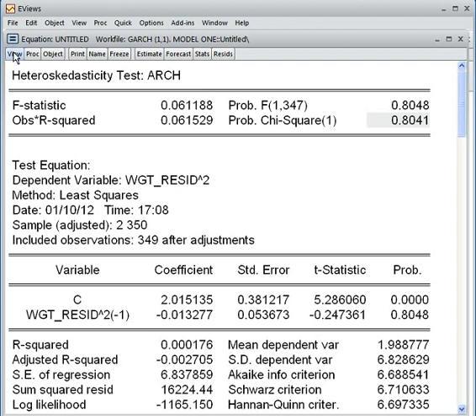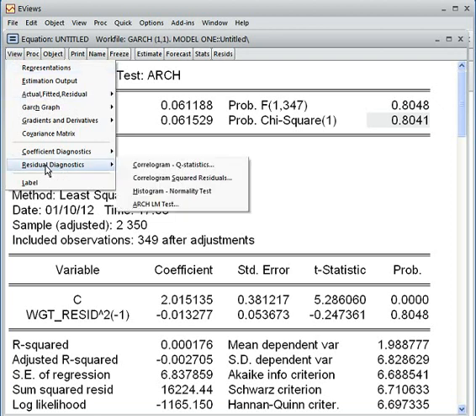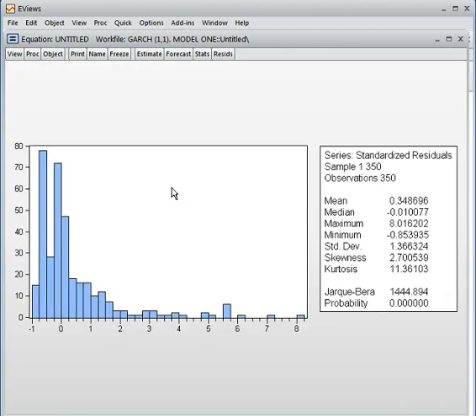Okay, we check the third one. What is the third one? Whether the residual is normally distributed or not. As before, I go to Residual Diagnostics and I check the histogram, and you can see the Jarque-Bera statistics and the corresponding p-value. The p-value is less than 5%, meaning that we can reject the null hypothesis and accept the alternative.